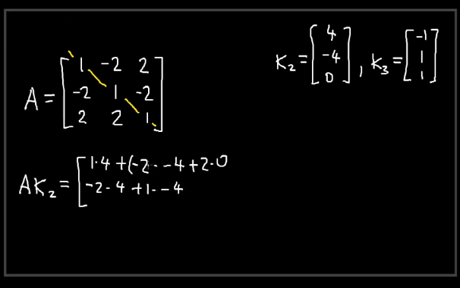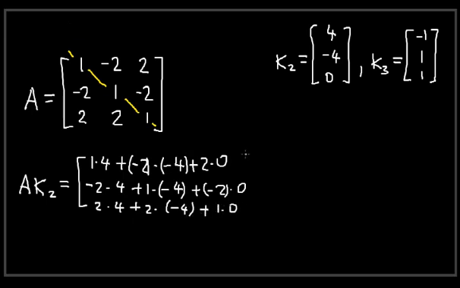Maybe I should make use of some brackets here so that it's less confusing. And then plus minus 2 times 0. And then the last entry is 2 times 4 plus 2 times minus 4. I hope I'm not making a mistake somewhere here. Plus 1 times 0. Okay, so again we get rid of the 0 terms.